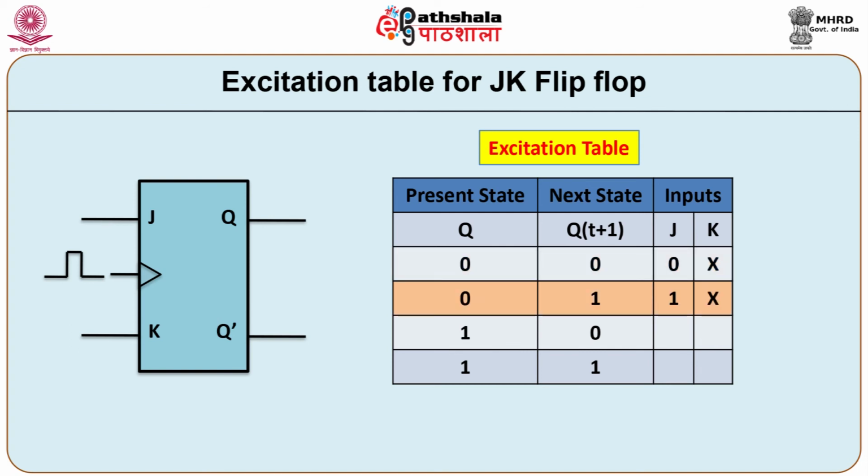If present state is 0 and next state is 1, then JK inputs should be 1 x. Transition of present state 1 to next state 0 can be obtained by setting JK inputs to x 1. The JK inputs should be x 0 for 1 to 1 transition of present to next states.